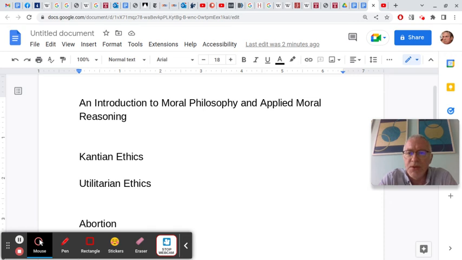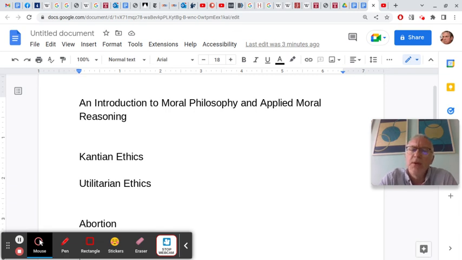Really the emphasis in this course is on moral reasoning and doing analyses of different hypothetical moral situations, moral questions, and learning how to apply principles to particular situations. You can think of that as being the real approach of the course.